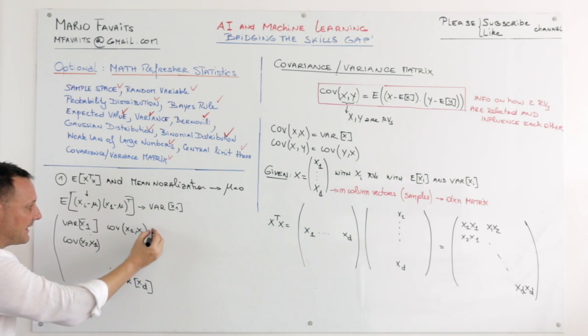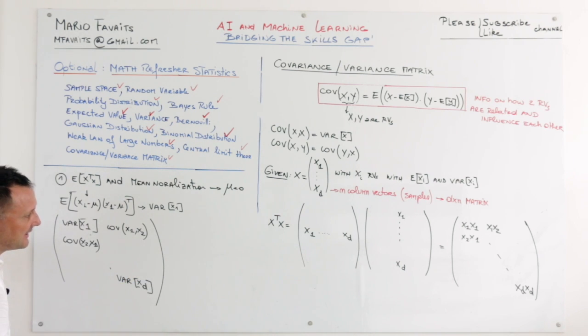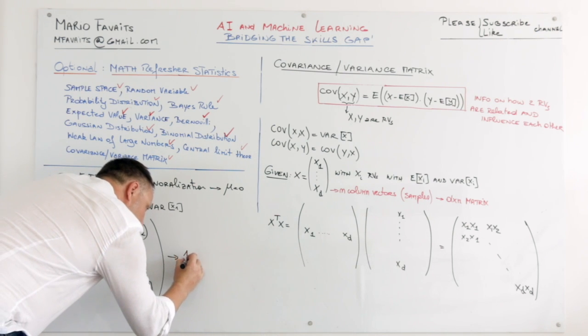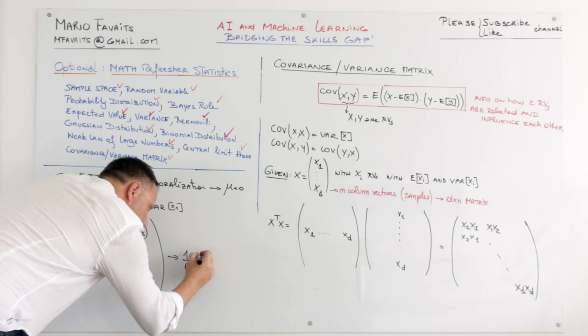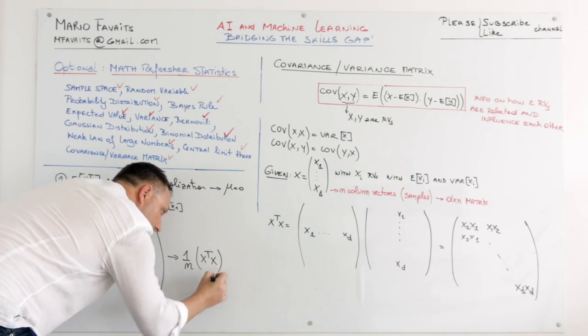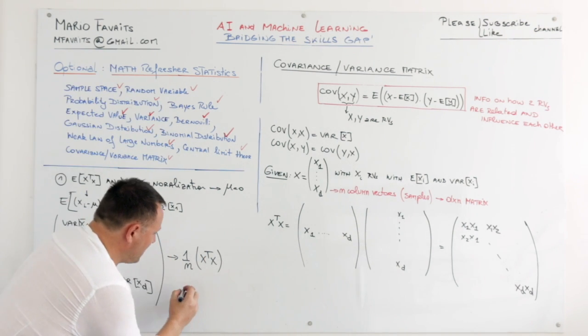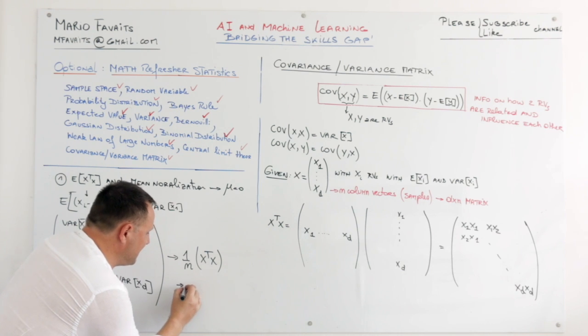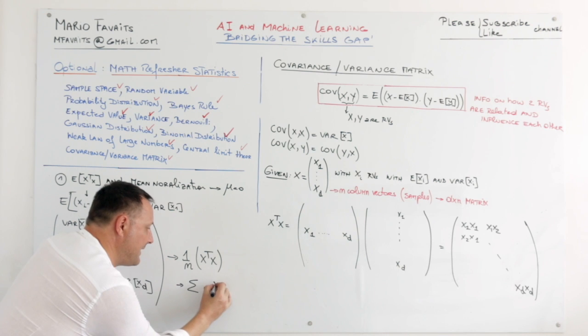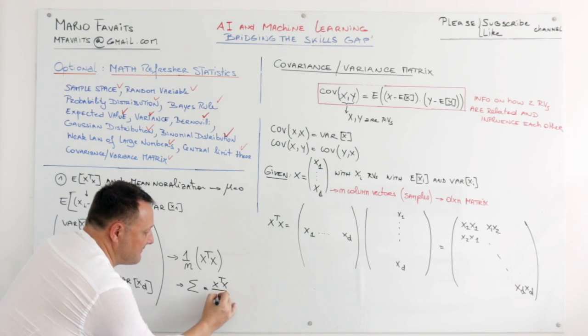And you can build up that matrix in such a way. So now what we're gonna do is we're gonna multiply this matrix by 1 over n, sorry. Okay, so we will then define the covariance matrix sigma as x transpose x divided by n.